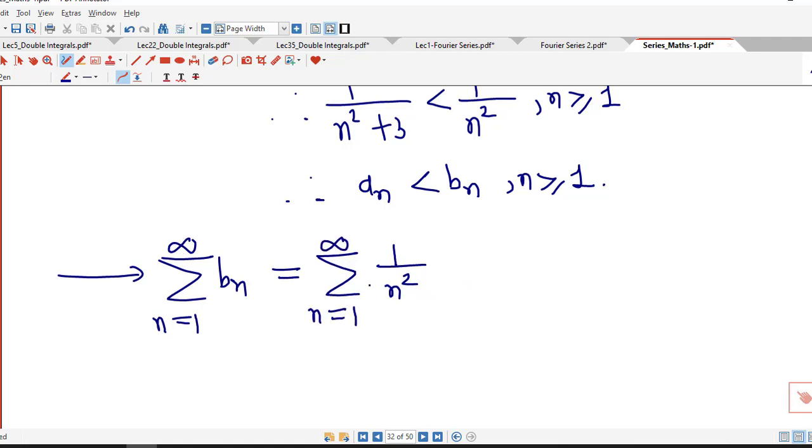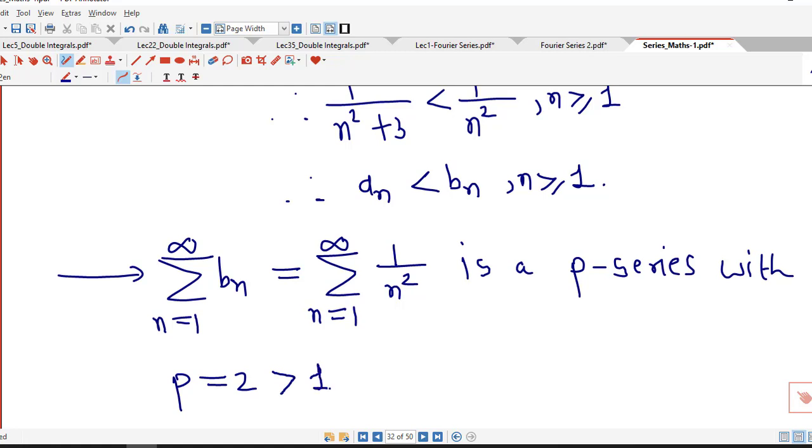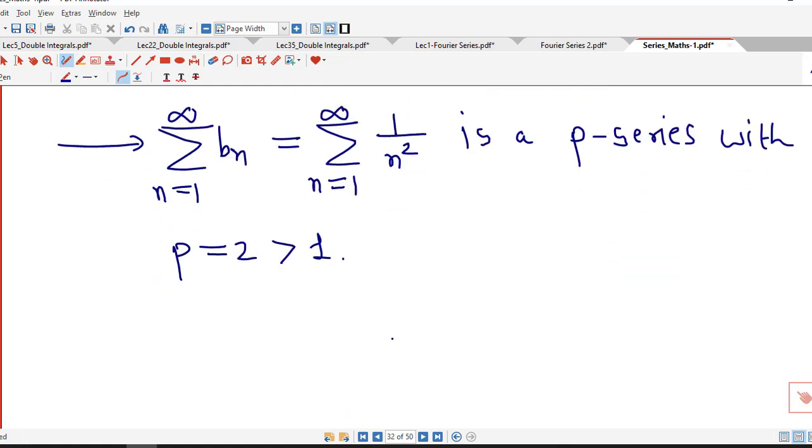So if you observe, this is a p series with p equal to 2, which is greater than 1, and we know that p series is convergent if and only if value of p is greater than 1. So sigma bn is convergent.